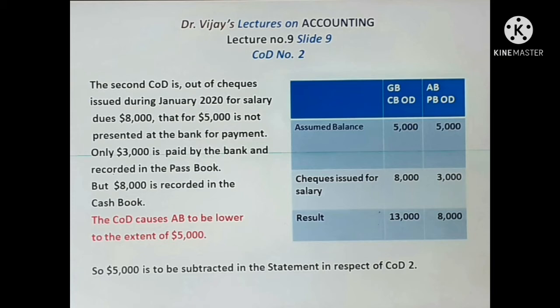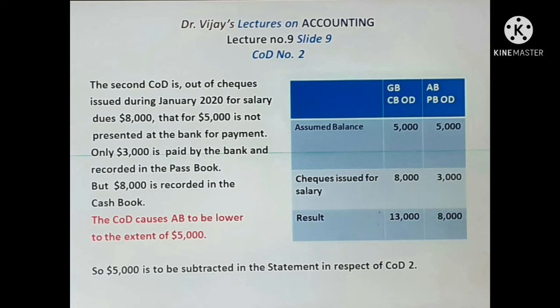As a result, what happens? The new GB is $13,000, 5,000 plus 8,000, whereas the new AB, arrived balance, is only $8,000, 5,000 plus 3,000.